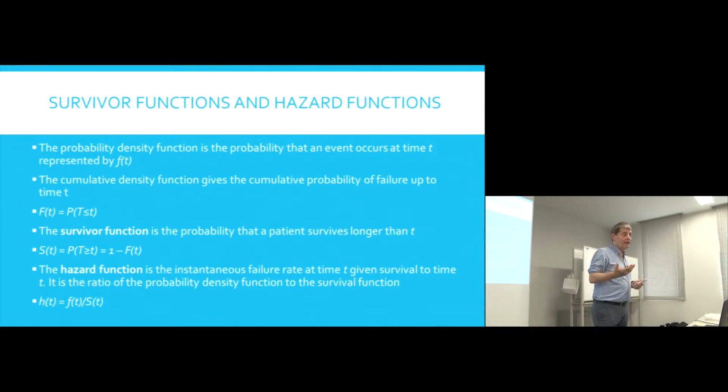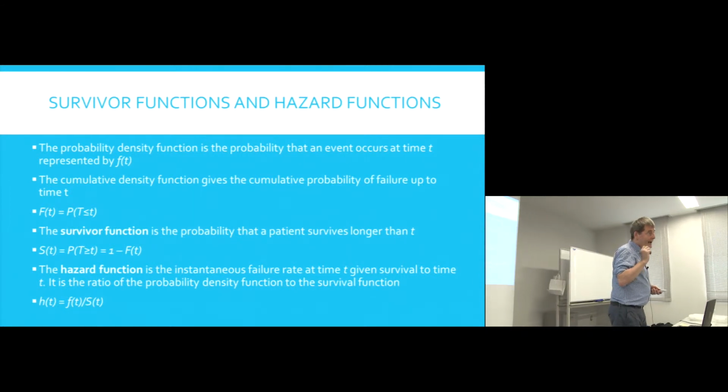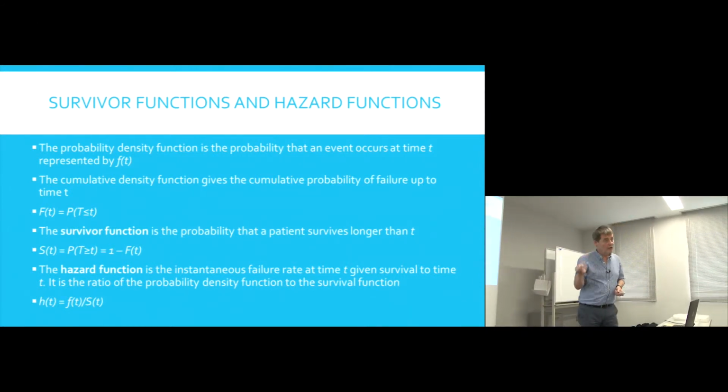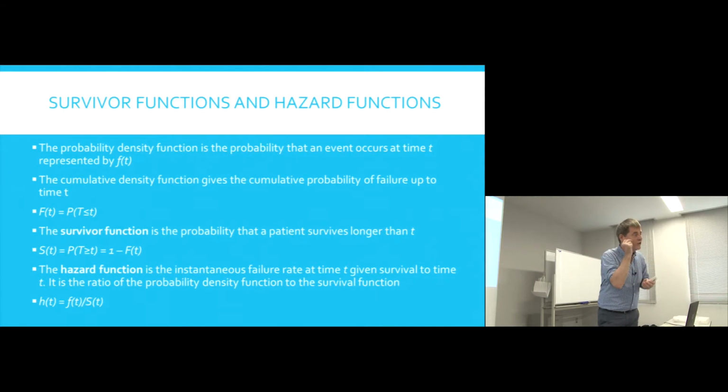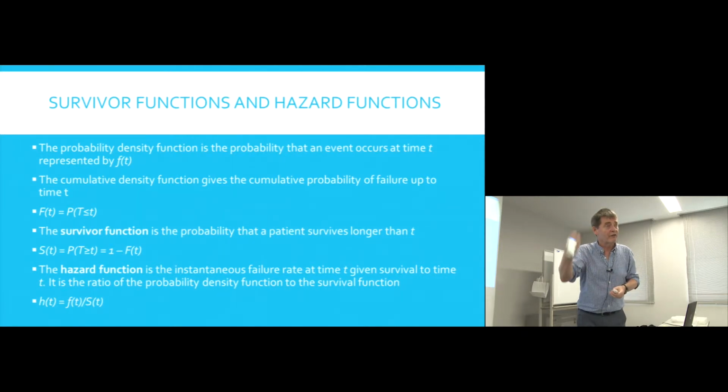Now, if you think of a survival curve, it's showing the proportion who are still alive over time. That's the survival curve. The hazard that goes with the survival curve is the instantaneous hazard at any point in time. So if a patient survives 6 months, what's the risk of them dying now? If they survive 9 months, what's the risk of them dying?